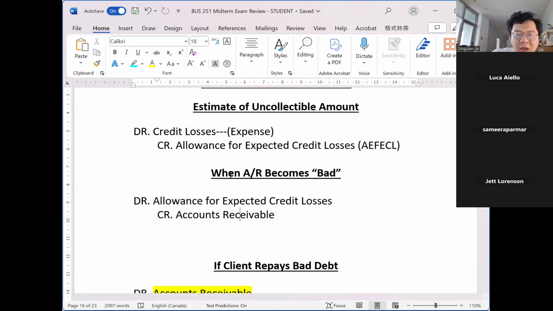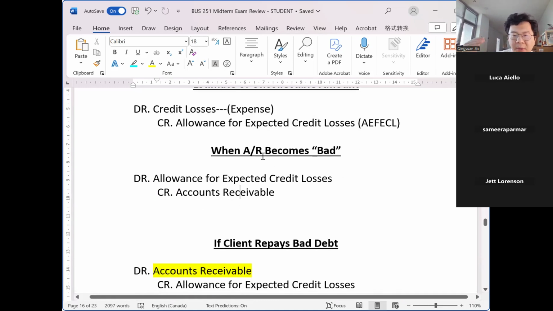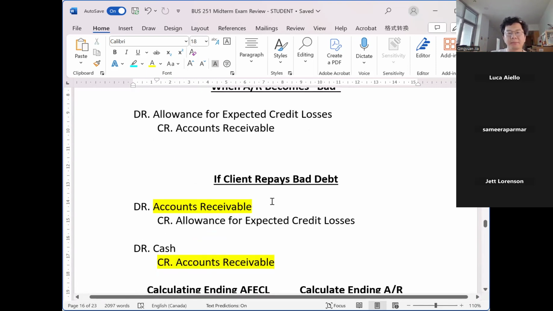You will use the allowance for expected credit loss and the credit losses. You will put this part into the expense, and you will put the other side into the allowance for expected credit loss. And when it really becomes bad, you move this part out of the allowance for expected credit loss, and you decrease the account receivable.